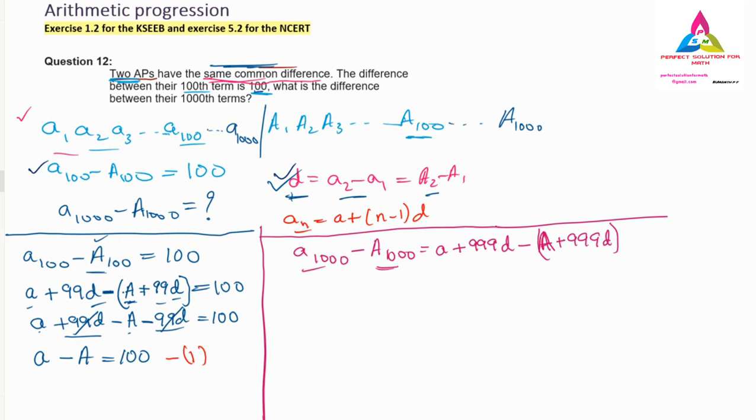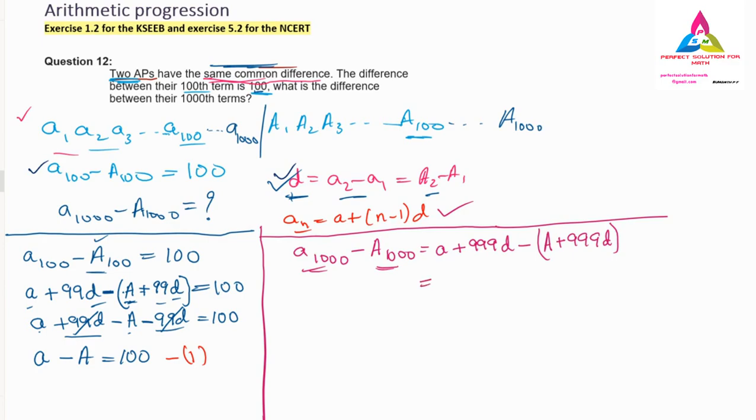So by using the an formula, we have written a plus 999d for this AP, and minus capital A plus 999d, that we have taken as the second, that is a1000. So now what we have to do?